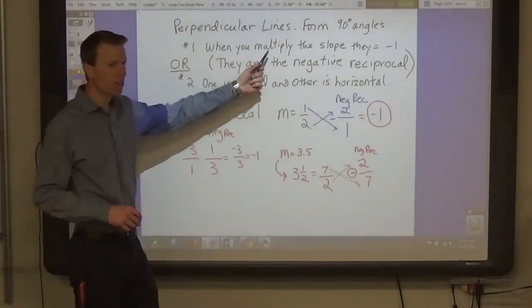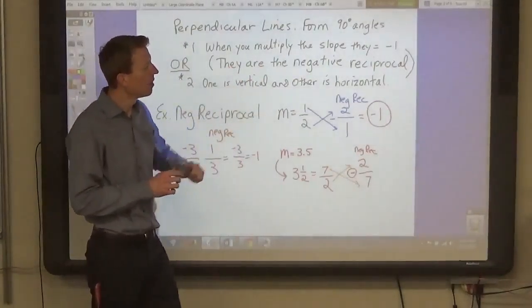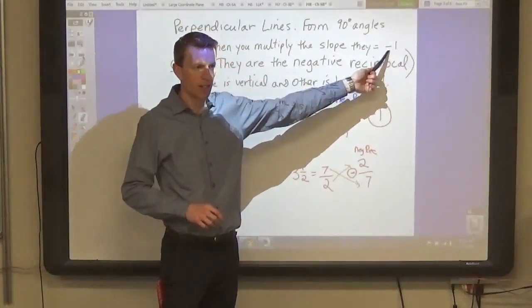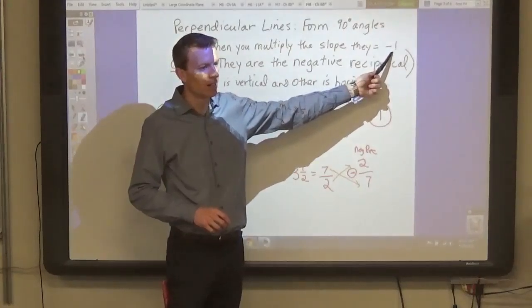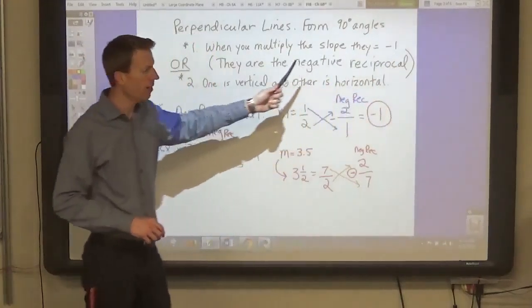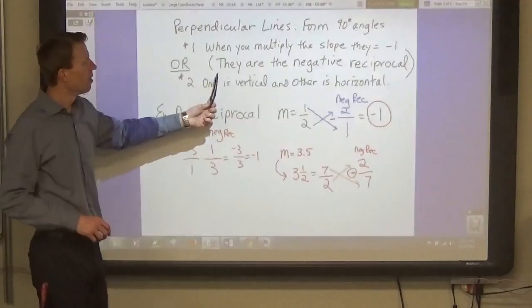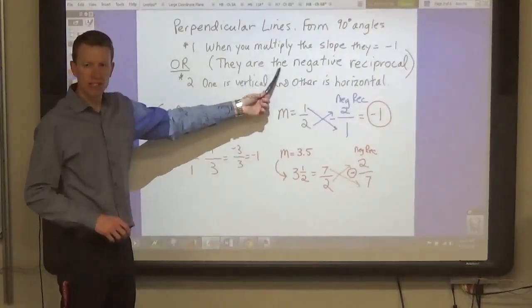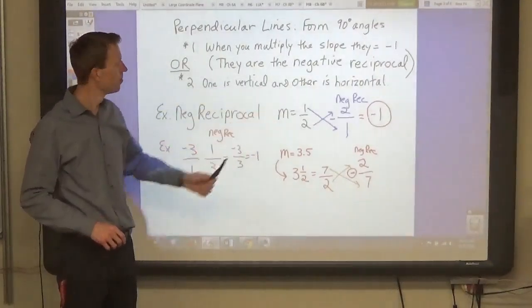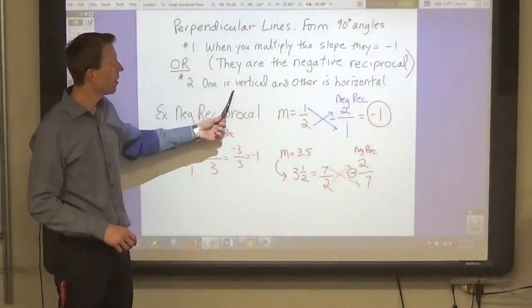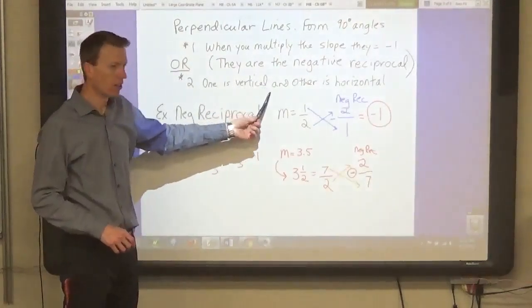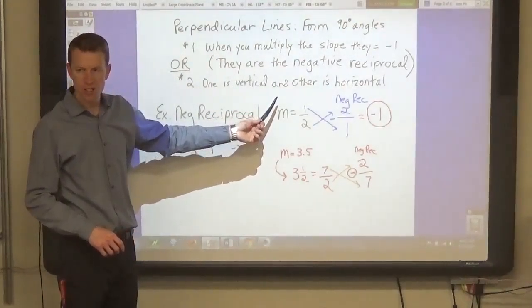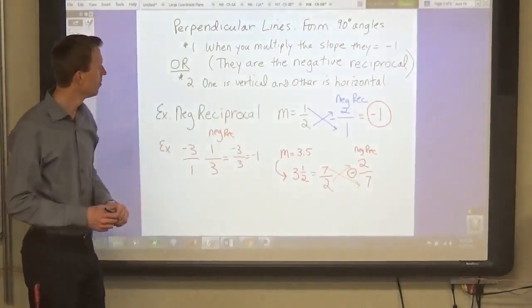When you multiply the two slopes together, they would give you negative 1. Right. So the two slopes are called negative reciprocals of each other. If one is vertical, then the other is horizontal.